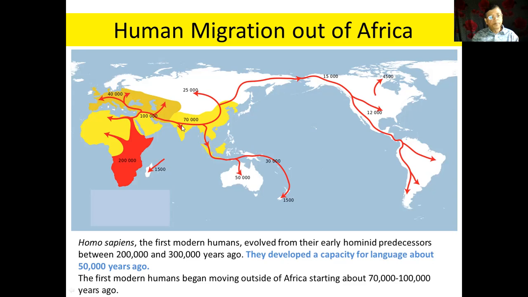And it is said that the Indian subcontinent was already occupied, people were here by 70,000 BC, 70,000 years before present. And then they went to America, South America, Australia, Europe. And roughly the dates are given here.